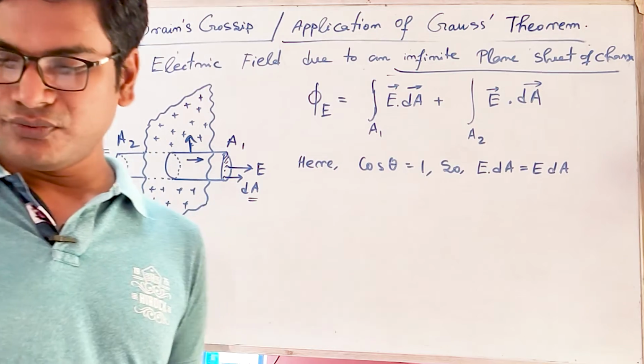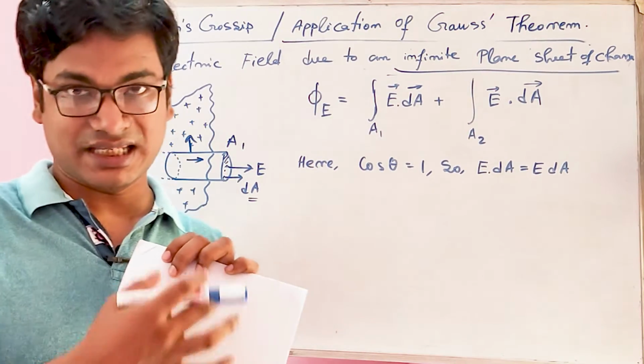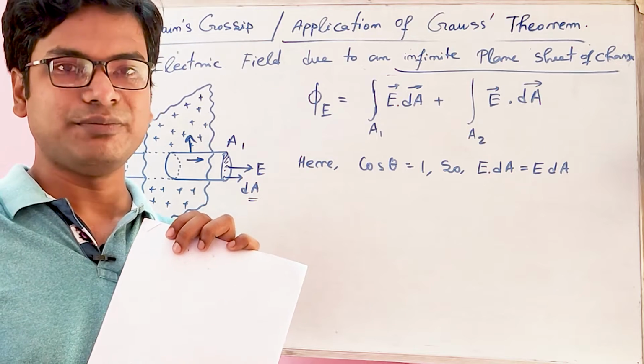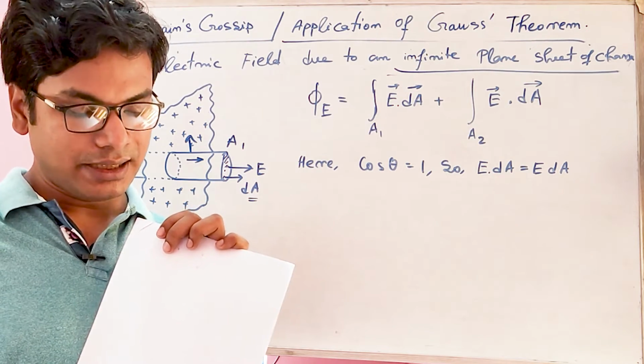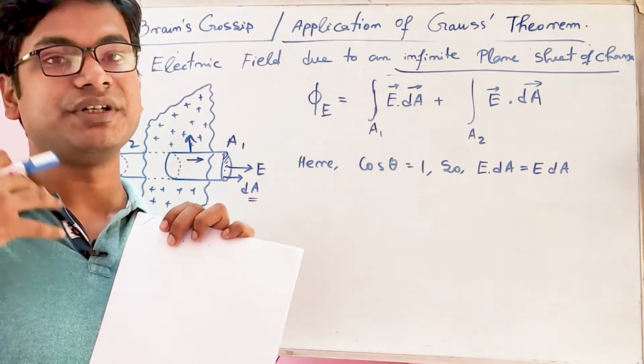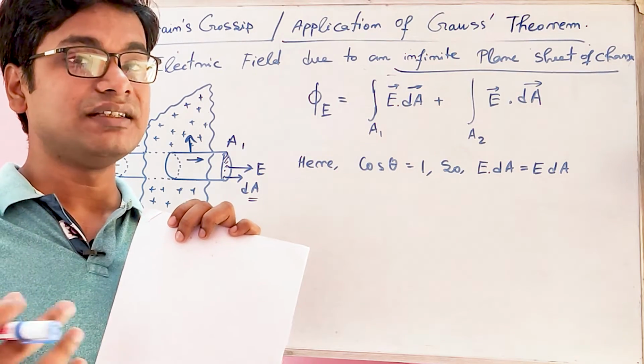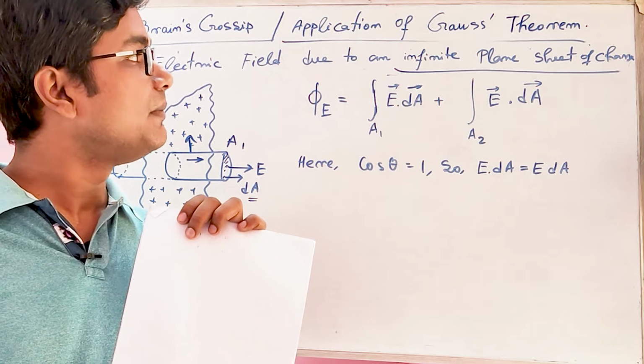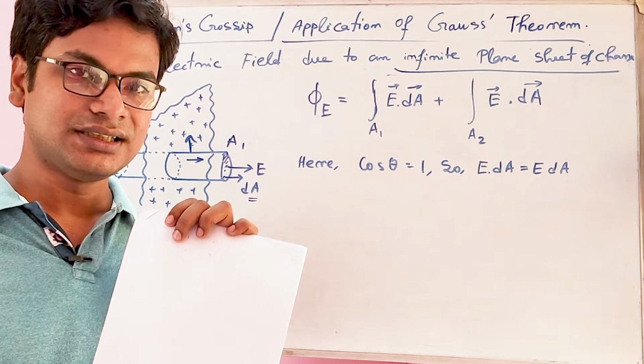Please try to understand. We have a plain paper in our hand, and if we place some charge on this plain paper and the area of this plain paper is infinite, we may consider this charge distribution to be an infinite plane sheet of charge.